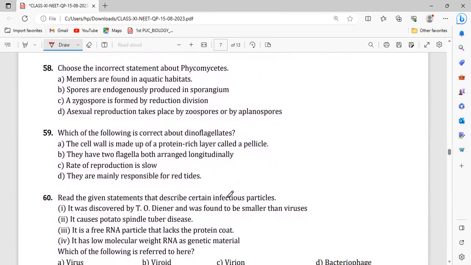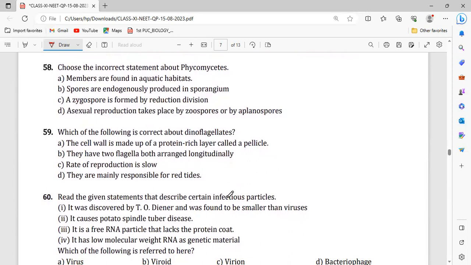58. Choose the incorrect statement about Phycomycetes. So first one, they are found in aquatic habitats. Yes, that is true. Spores are endogenously produced in sporangium is also correct. Inside the sporangium, the sac-like structure, spores are produced from inside. So it is endogenous origin. Zygospore is formed by reduction division.